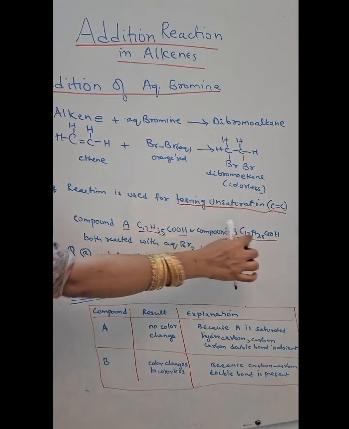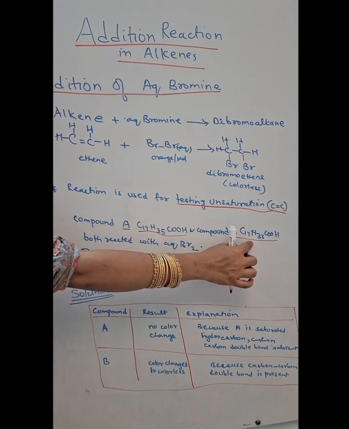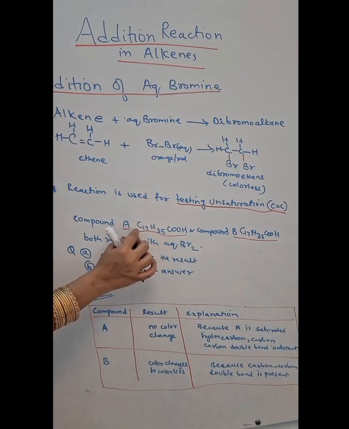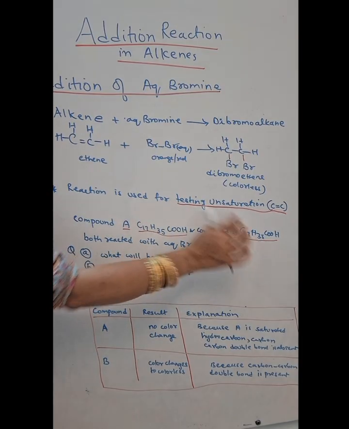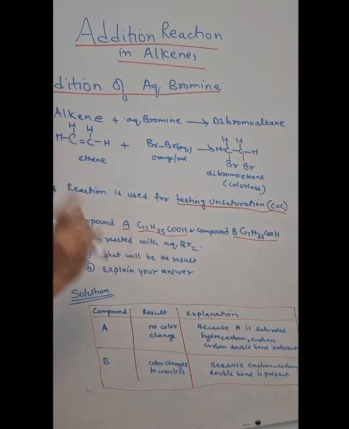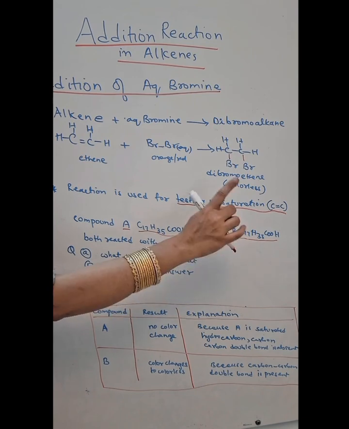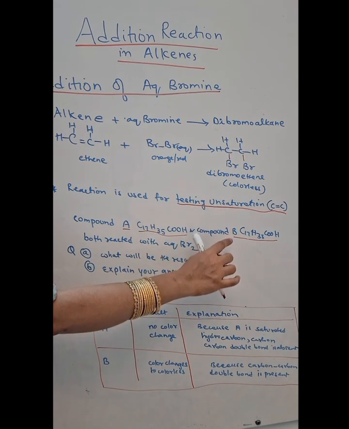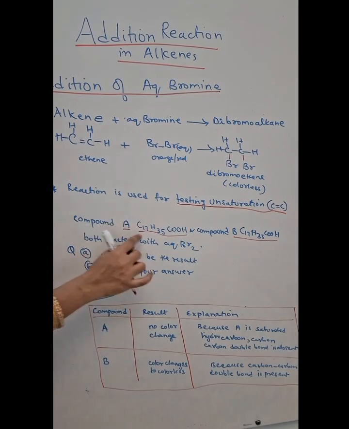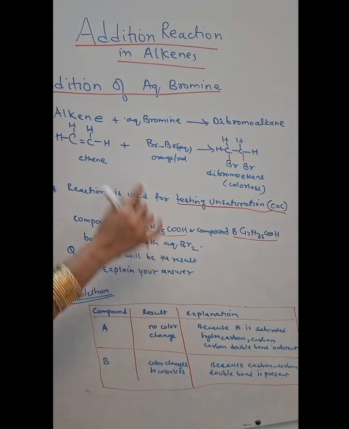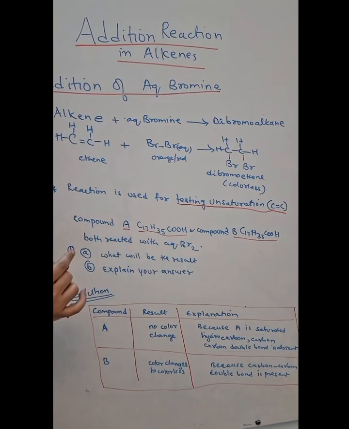Since the hydrogen number is less than double of carbon here, and in A the hydrogen number is more than double of carbon, understand that B is unsaturated. B has a double bond, that is why its hydrogen is less than double of the carbon. A has only single bonds because the hydrogen number is more than double of carbon.